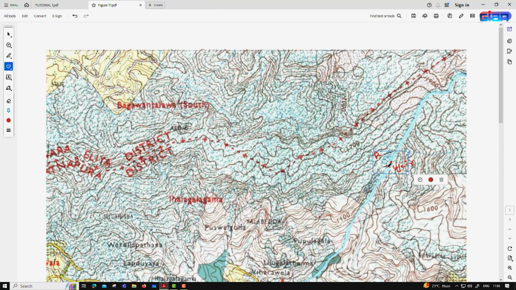Then you can go along this contour line, that will be your canal path, and come to a suitable location close to the river. Let us say we came here. There are other options also, and then we decide to have the penstock here, and the powerhouse somewhere here.